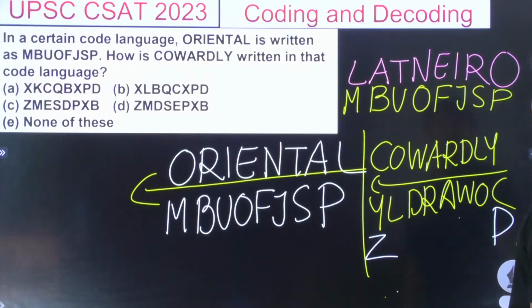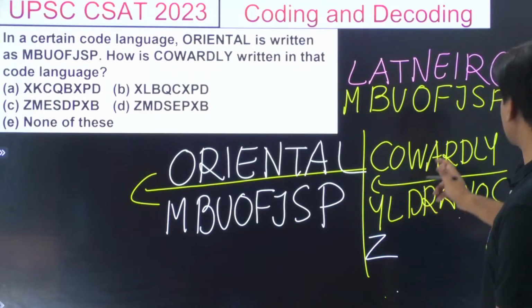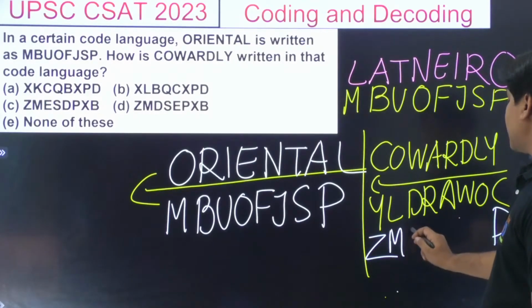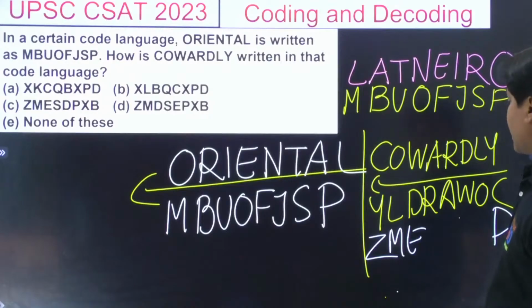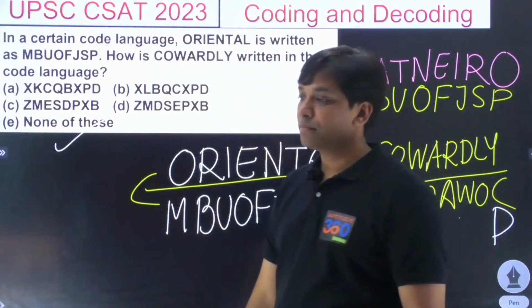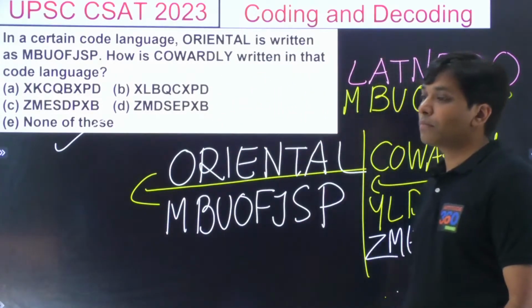C and then, did I do it correctly? C, D, L, M, D, E, Z, M, E, but then this is D. So this option has to be E.